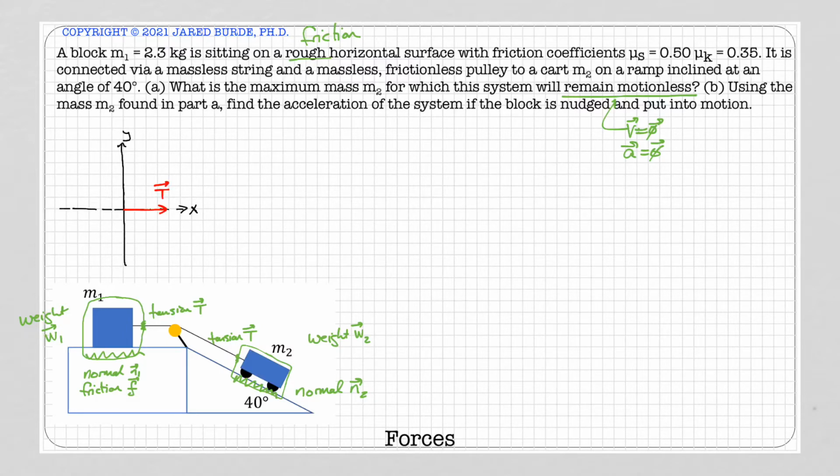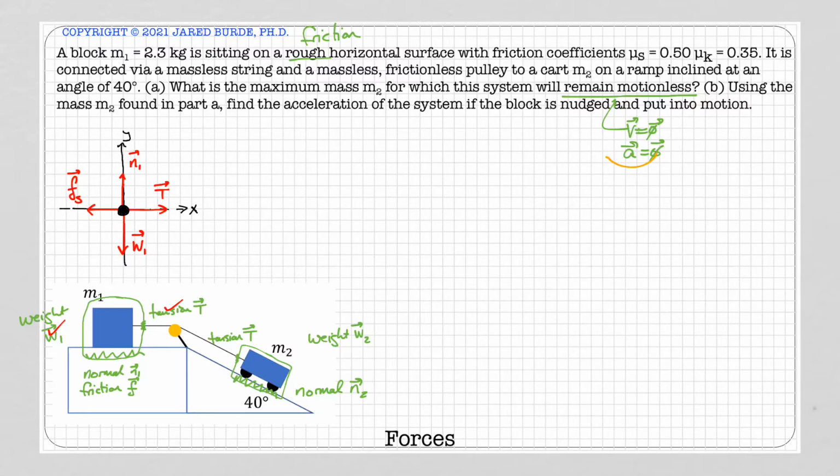I have a weight that is going to pull downwards. I have a normal force that's going to pull upwards. And I have a force of friction. I've drawn all of them the same size around the particle in the center, because we said that the acceleration would be 0.